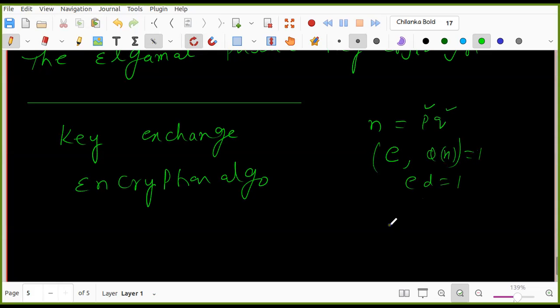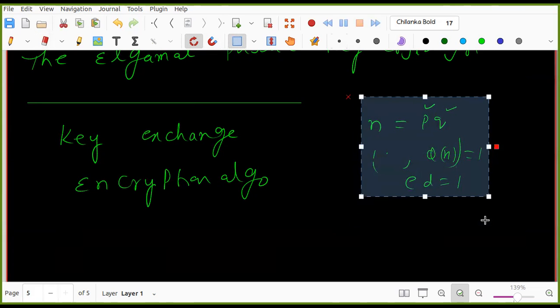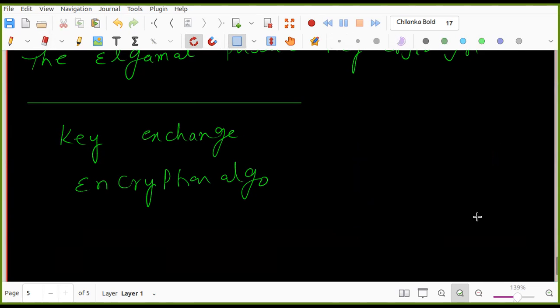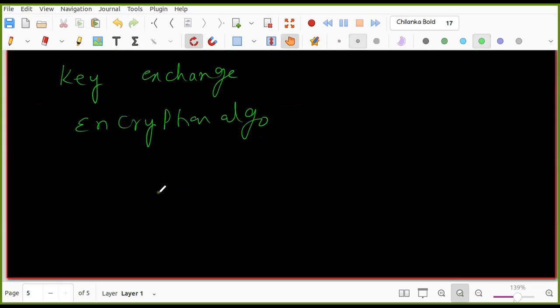Afterwards, Alice computes m power e and sends it to Bob, and Bob will do m power e power d. Then you will get the original text back, right? That is the encryption algorithm. Similarly here, I have revised it a little fast. Now how will this be done? What is the key exchange and what is the encryption algorithm here? We need to understand them. I'm just recalling, we did it earlier.